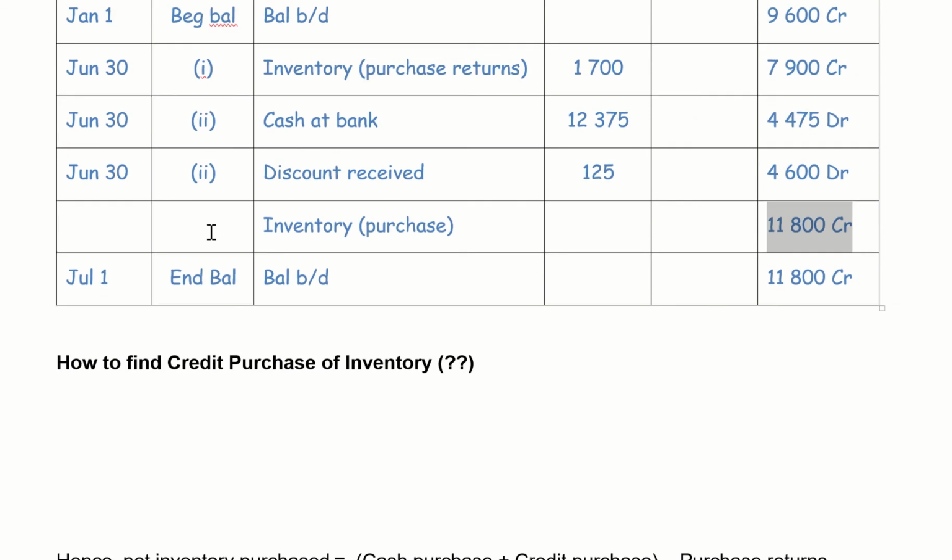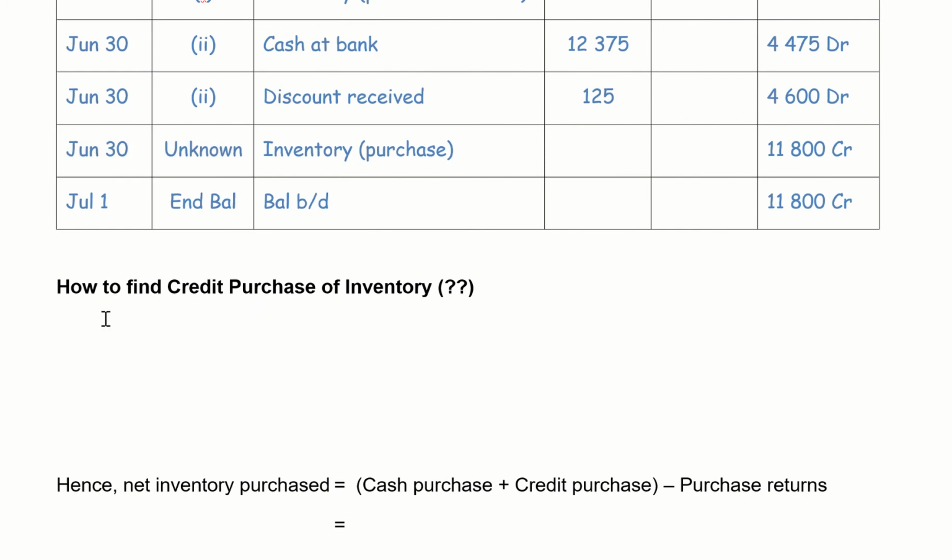So how do I find, of course, I'm going to fill in all the blanks first. So how do I find my credit purchase of inventory? Firstly, I need to know that from negative 4,600 to 11,800, this is the number sentence: negative 4,600 plus the number of your credit purchase of inventory will give you 11,800.